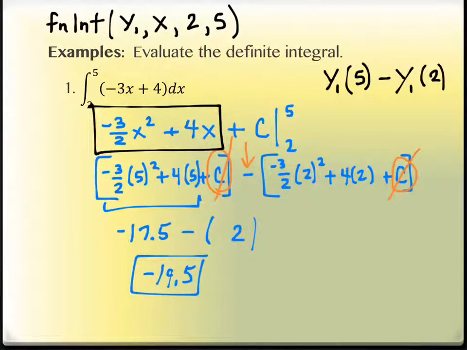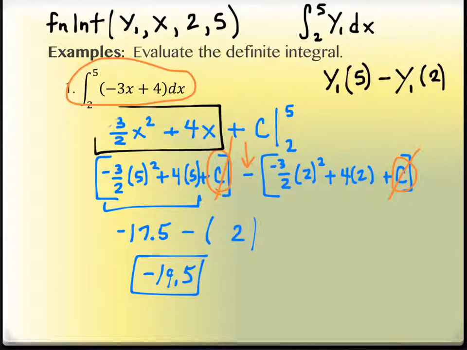Now, let me see yours for just a second, Alexa. The other notation actually looks like the notation for our problem, like this. You're going to enter it in just like that. You can enter the negative 3x plus 4 there if you want, or you could enter y1 there. So you could have 2 to 5, y1, and then dx.